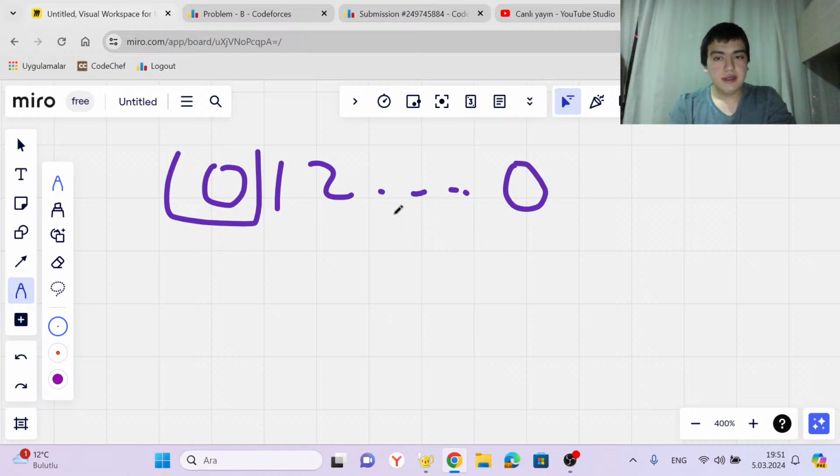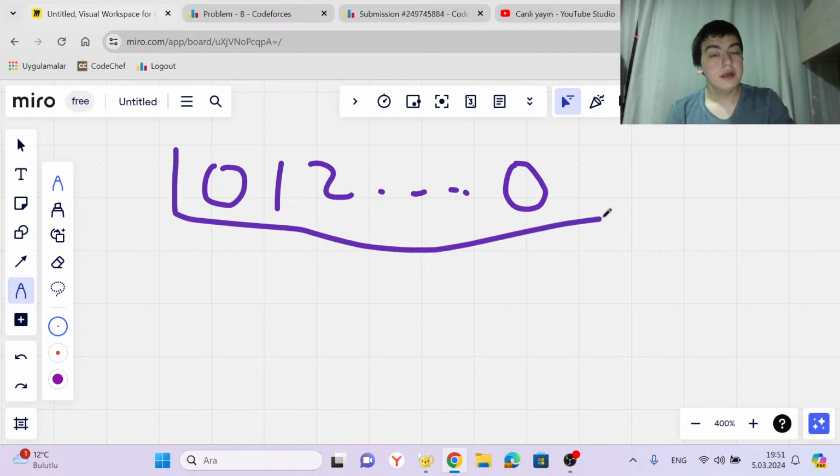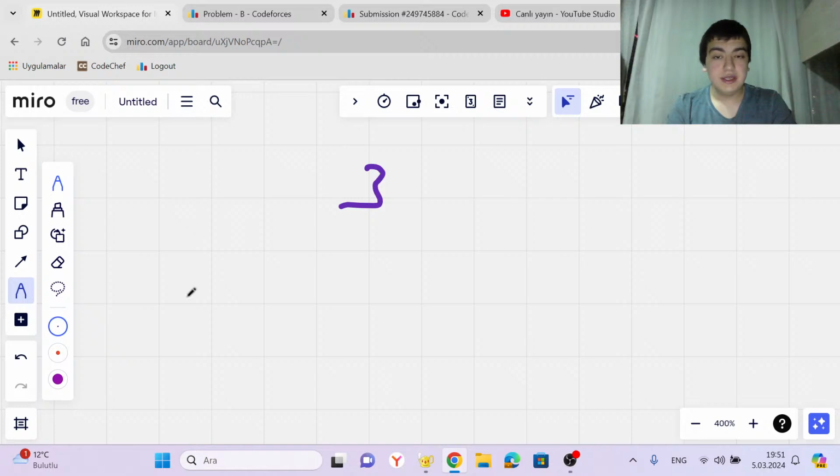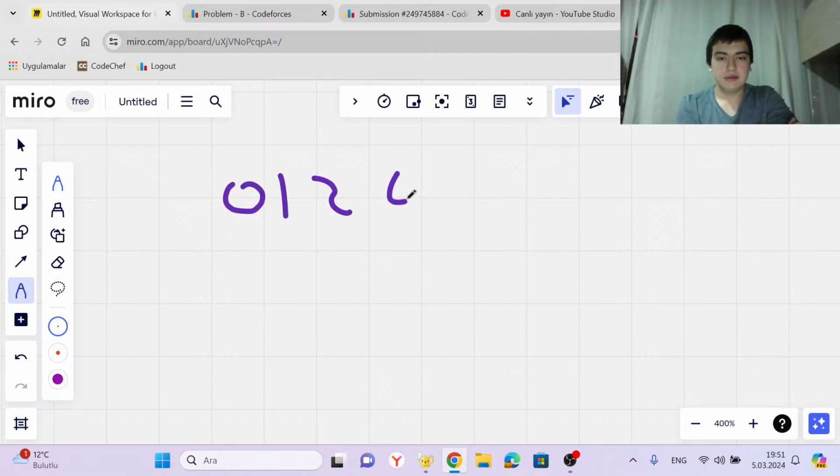So I think that first of all I should find the max of the original array, and then the max of the subsegments must be the same as the max of the original array. I mean, if the max of the original array is 3, each subsegment's max should be 3 too.